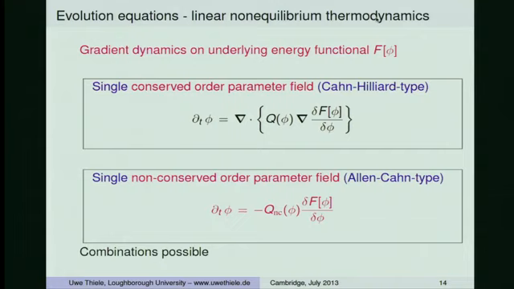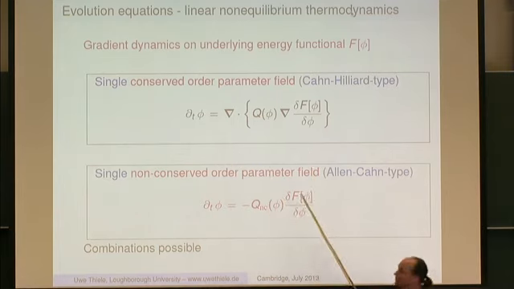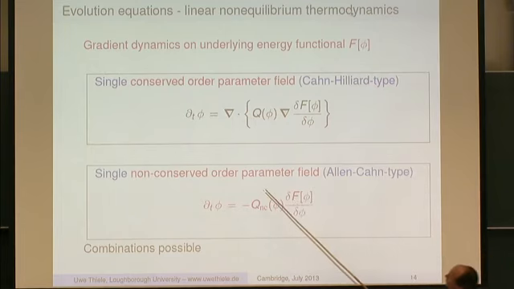I call it here Q non-conserved. And note the sign difference, and ask me in the break if you want to know why they have different sign. Essentially, if you want to prove that F decreases in time, you need to put here a positive sign and the negative sign. Right? Then you actually know your dynamics goes to the minimum of the energy.